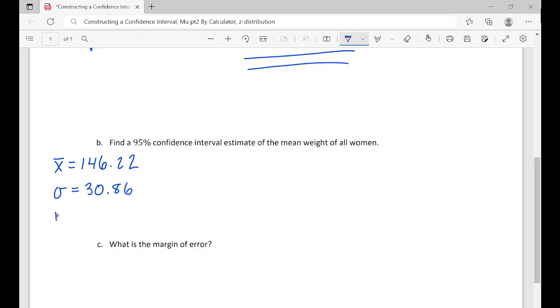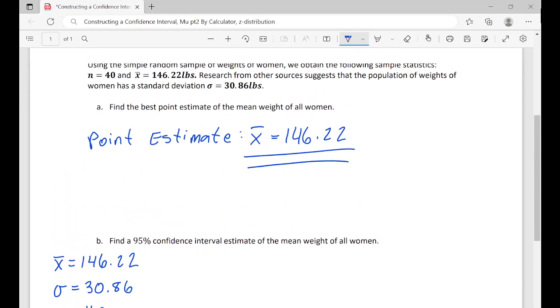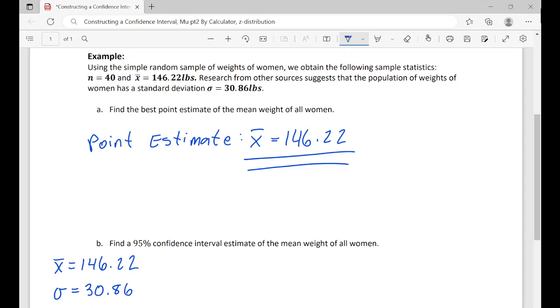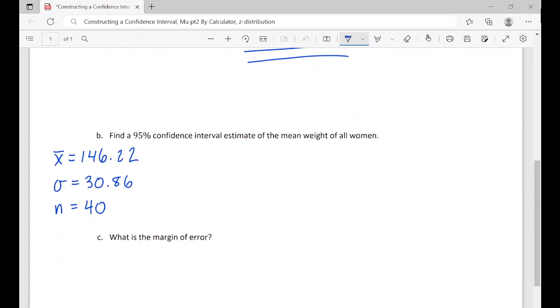We also need to know how many people are in the sample, and it said up top that there are 40 people, n equaling 40 in the sample. And then we need to know our C level. How confident are we going to be? In this case, we're going to be 95% confident, so 0.95.